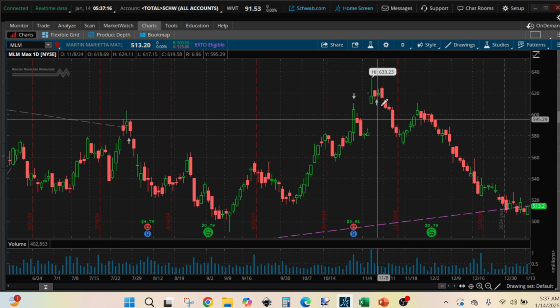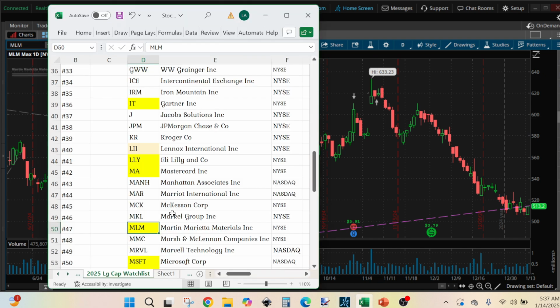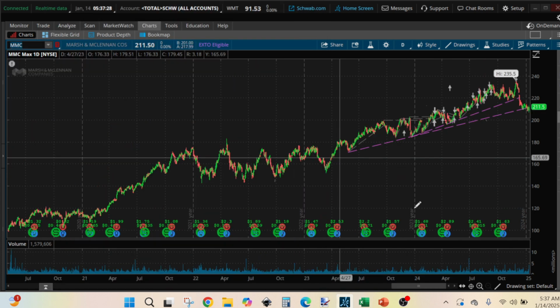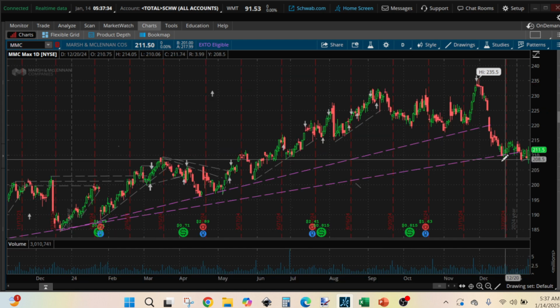The next one is MMC. So MMC is at the trend line but making lower lows. We see an uptrend here, but we want to see more before we buy.